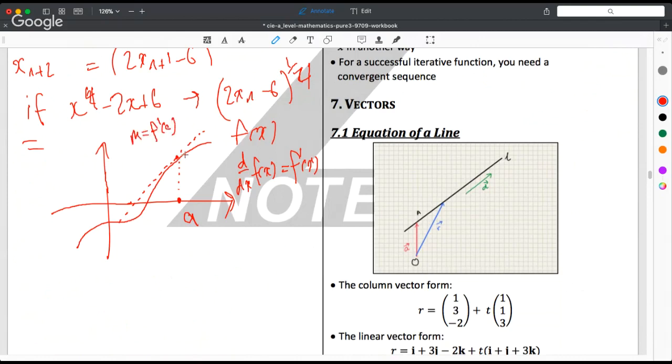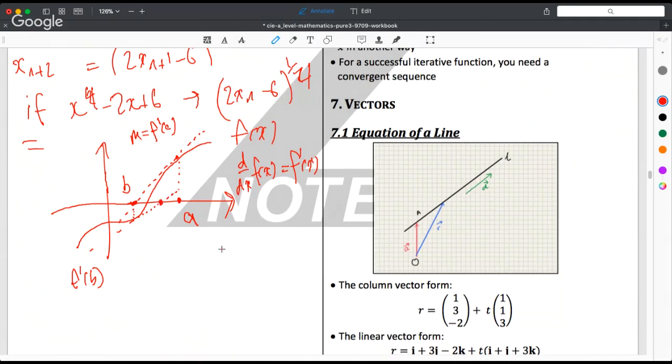We could go along this line, find out where it intercepts the x-axis, and then try finding the derivative here, which we'll call this new point B. Then this line has a gradient f dash of B. Then we could find where this line intercepts the x-axis.